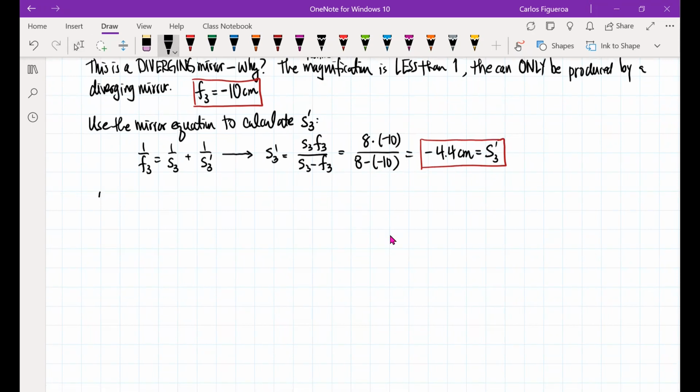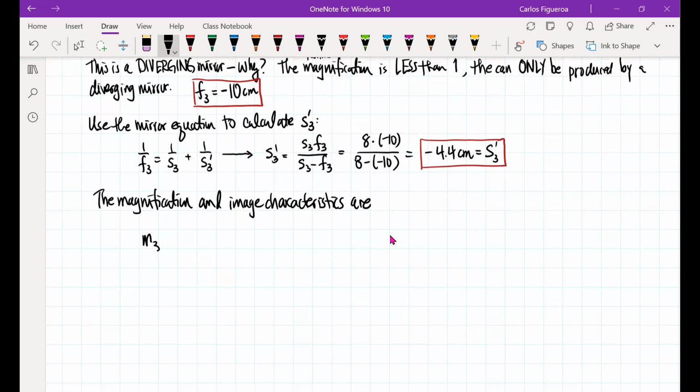So the magnification and image characteristics are as follows.